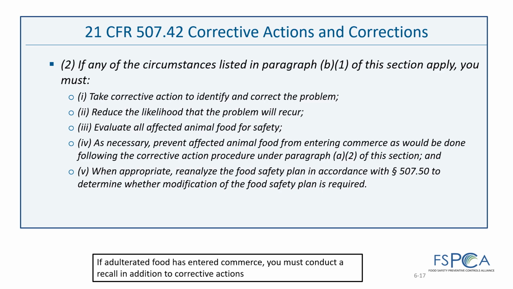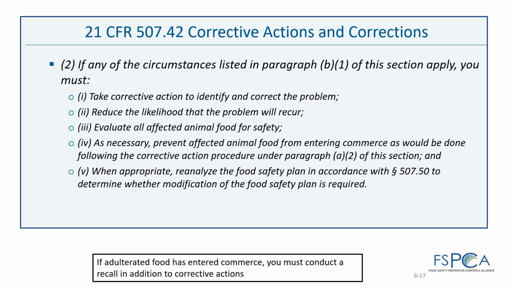And luckily, 4 of these are already in our written plan, and the 5th one we know already because the reanalysis section says that we need to reanalyze when something changes or as it's appropriate. So a corrective action could be something that happens that triggers that, oh no, we need to reanalyze what we're doing here and make sure it's still appropriate for the hazards and for our manufacturing processes.